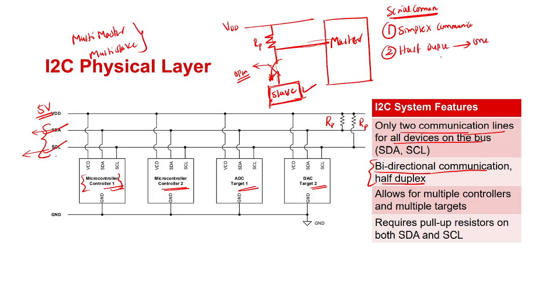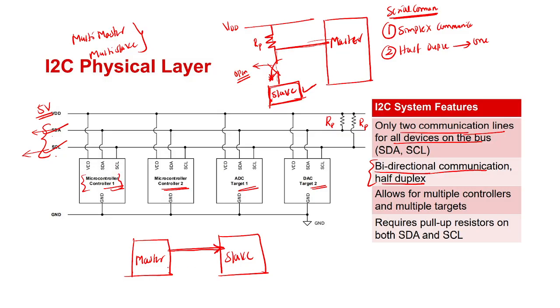Suppose this is one type of half duplex communication. So you have master, and next you have slave. Master will send the data. After sending the data, slave will give an acknowledgement.